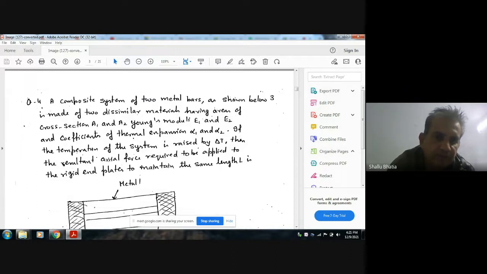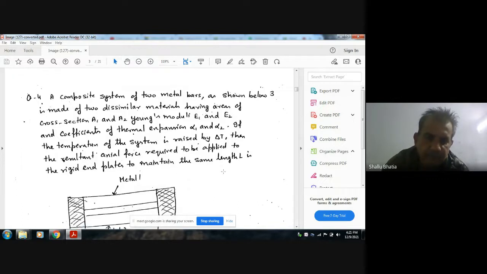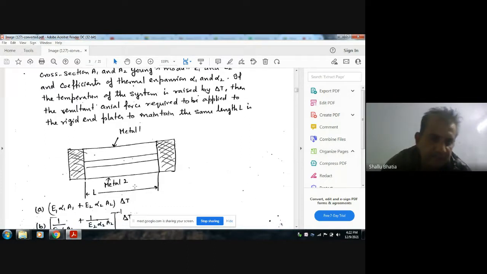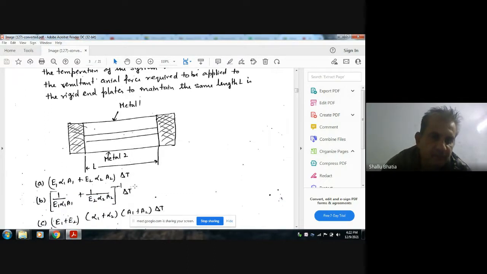If the temperature of the system is raised by delta T, then the resultant axial force required to be applied to the rigid plates to maintain the same length is... This is metal 1, this is metal 2. Option A is E1 alpha 1 A1 plus E2 alpha 2 A2 into delta T. Option B is 1 by E1 alpha 1 A1 plus 1 by E2 alpha 2 A2, inverse, into delta T.